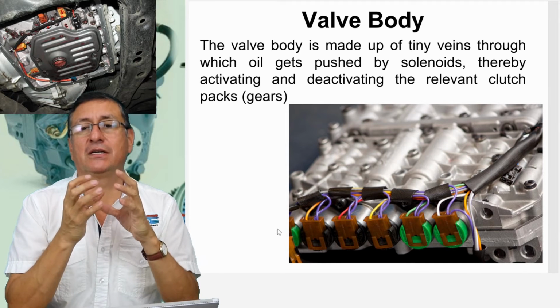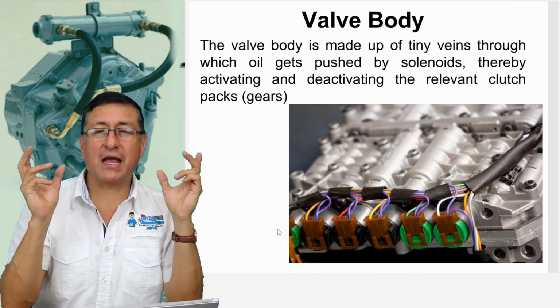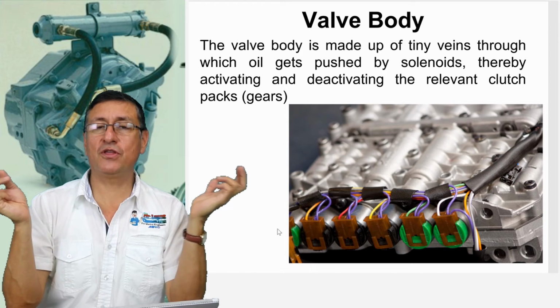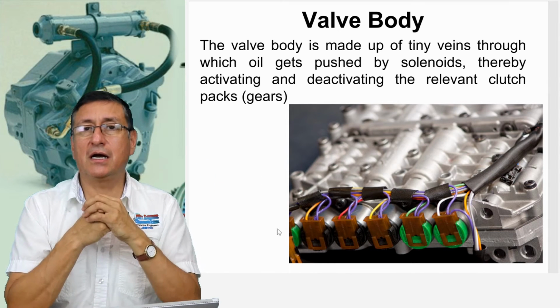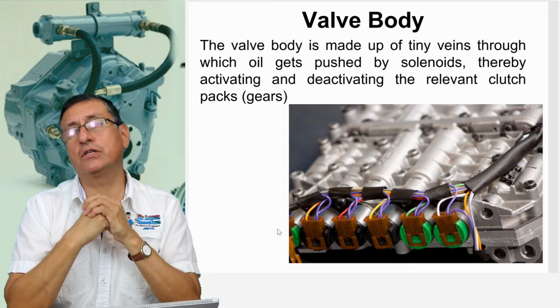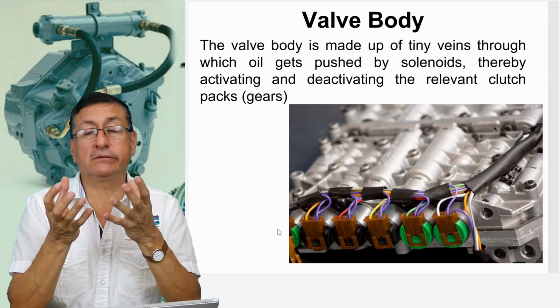This is magic because this is the computer of the system that converts mechanical input signals into electric pulses and activates those solenoids, and the fluid goes in one direction or the other. This is the secret.